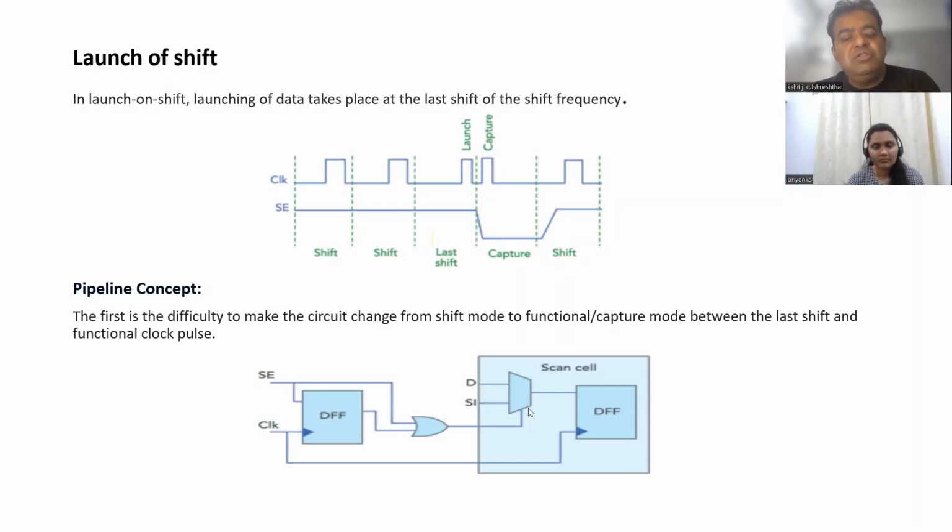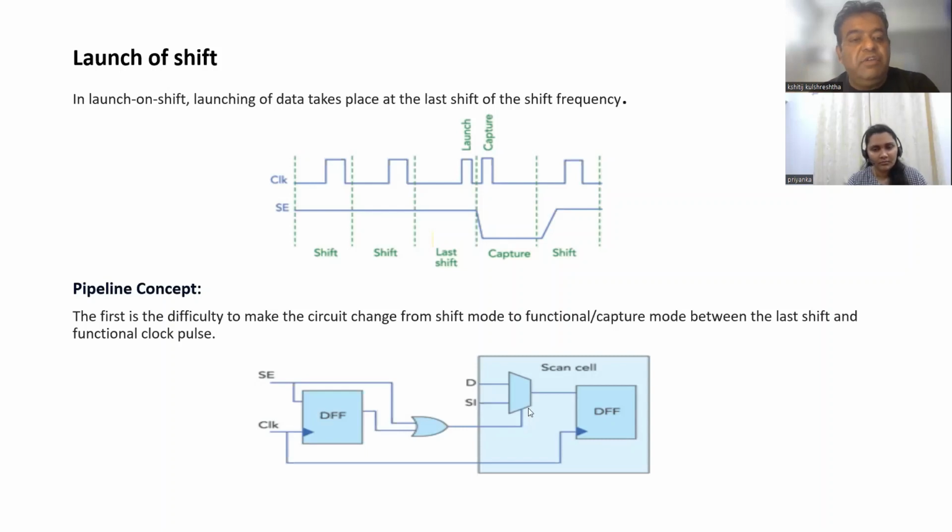Lots of research has been done on the pipeline scan enable signal, how to analyze it further, and what kind of strategy and tactics need to be adopted to avoid this kind of discrepancy which we generally get when we are using launch of shift, because of the scan enable dependency on the fast clock. I have found a very good paper, and I'll provide a good description of that paper, and I'll paste the link as well.